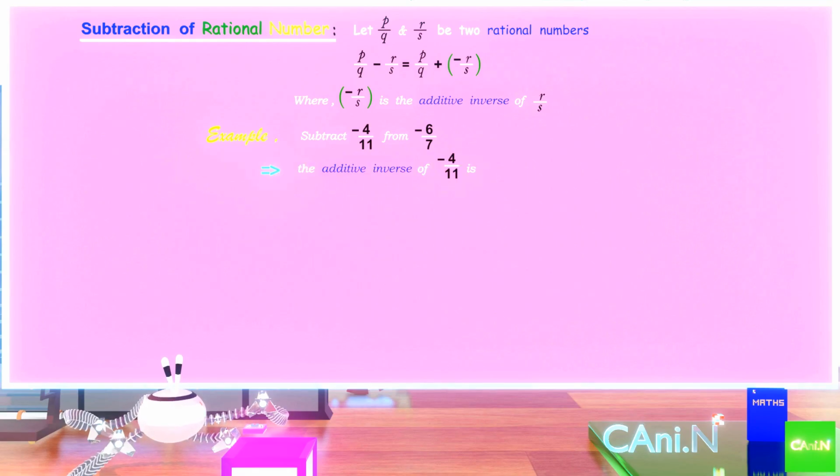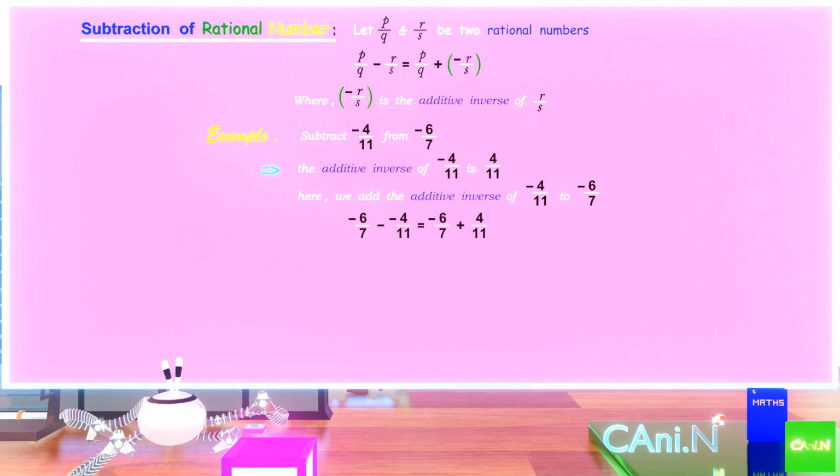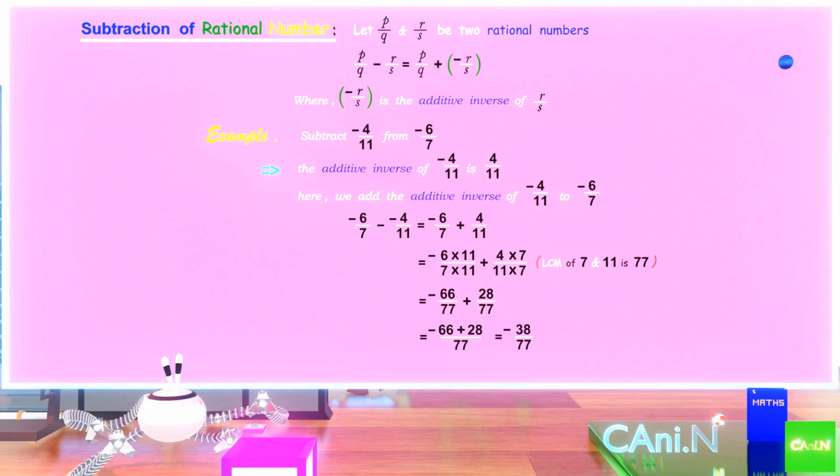Here, the additive inverse of minus 4 by 11 is 4 by 11. Here we add the additive inverse of minus 4 by 11 to minus 6 by 7. So, minus 6 by 7 minus minus 4 by 11 equals minus 6 by 7 plus 4 by 11 equals minus 66 by 77 plus 28 by 77 equals minus 38 by 77.